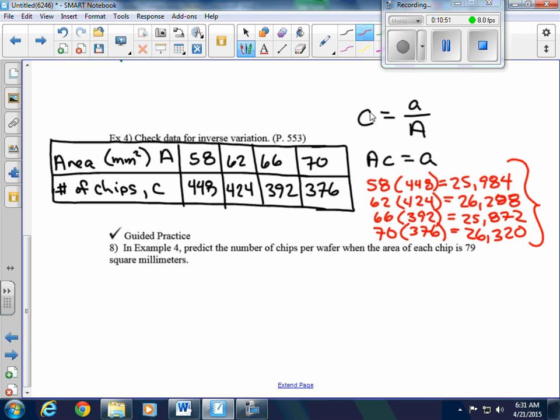Again, third one's almost 26,000. The bottom one's over 26,000. So we're going to say that the constant of variation, then, is approximately 26,000. So then if we write our inverse variation, we're going to say that C equals approximately 26,000 over the area. So the number of chips that they give you is going to be this variation equation.